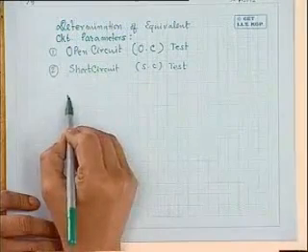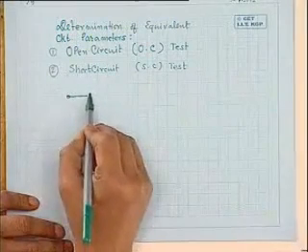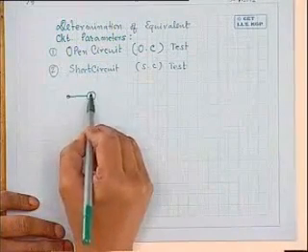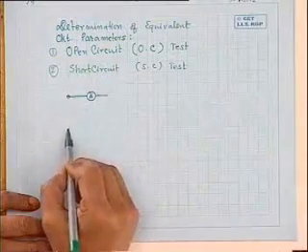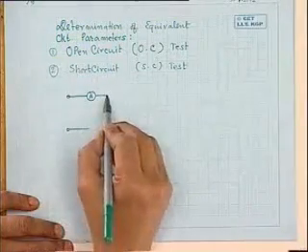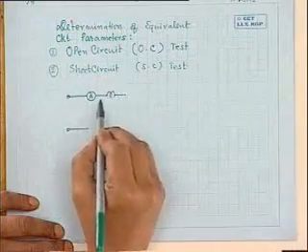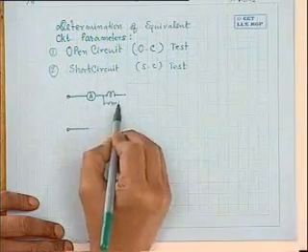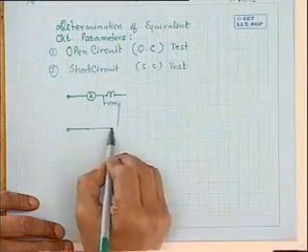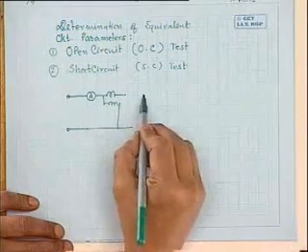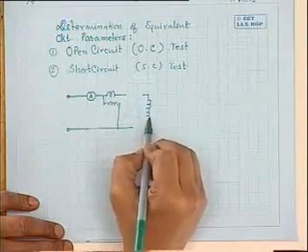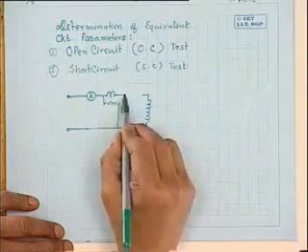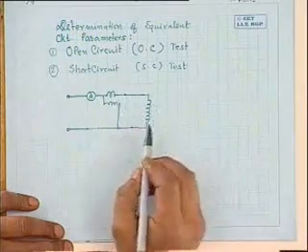that given the transformer, you connect the transformer in this way, that is, you connect an ammeter in series with the supply, then a wattmeter of appropriate rating, and then the transformer, one of the windings.